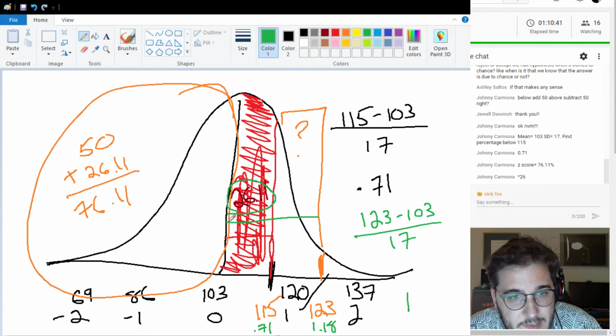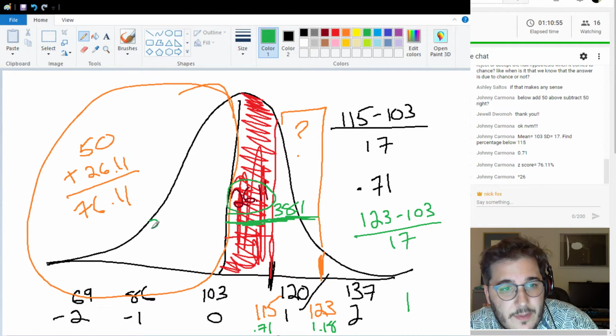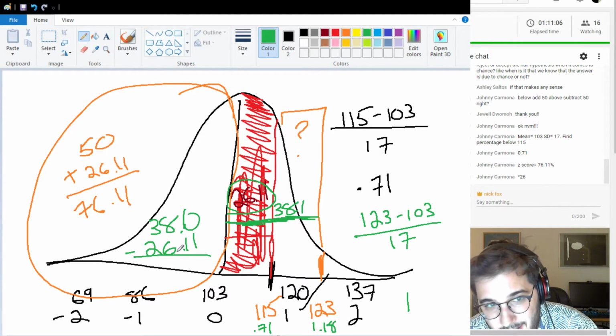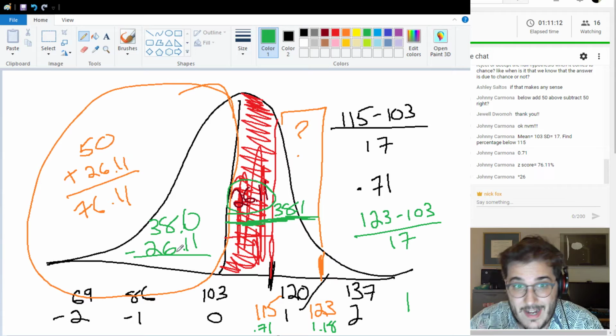So we know that this whole area from the mean to that is 38.1. But you don't want this big fat area here. You just want the thinner area over here. So you take 38.1 and subtract 26.11, and I'll just use the calculator. 38.1 minus 26.11 equals 11.99.